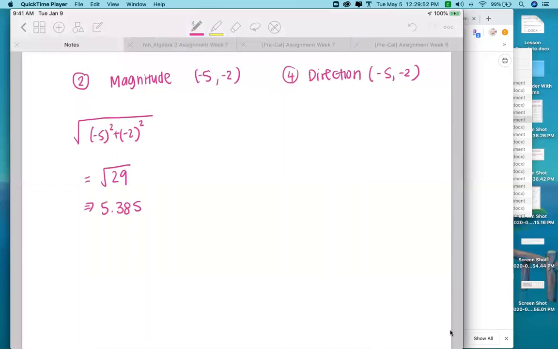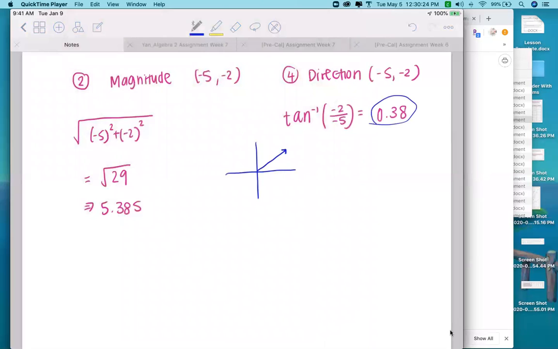And for direction, we take the inverse tangent of -2 over -5. If you put it in the calculator, you probably got 0.38 as the answer. But this answer is actually pointing towards this direction.